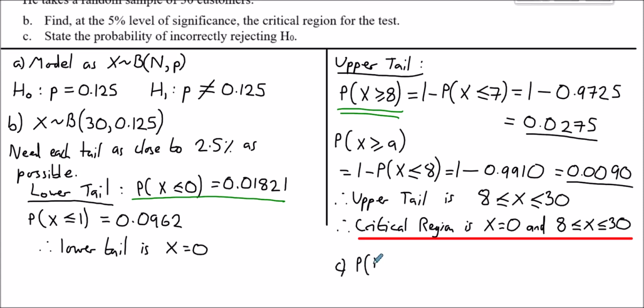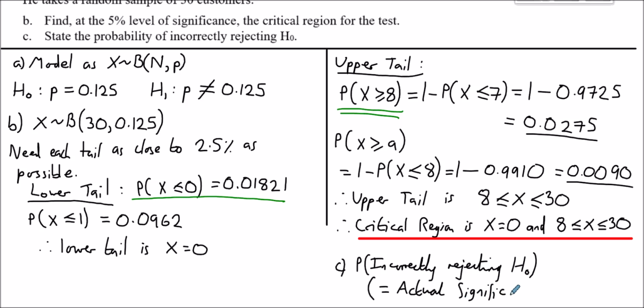So the chance of incorrectly rejecting H0 is, like I said before, essentially the idea that H0 is actually the correct model, but just by some unlucky chance, we end up falling in one of these narrow regions, either the very extreme bottom end or the very extreme top end.